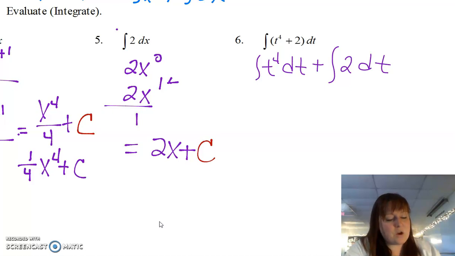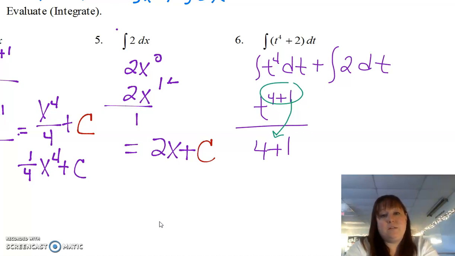Okay? So if we're going to integrate t to the 4th, we add 1 to the exponent, and then we put that same number underneath our variable. So we have t to the 4 plus 1 over 4 plus 1, which is t to the 5th over 5. And then we do the same with the 2.